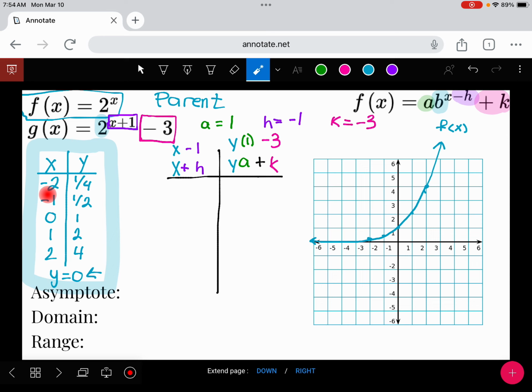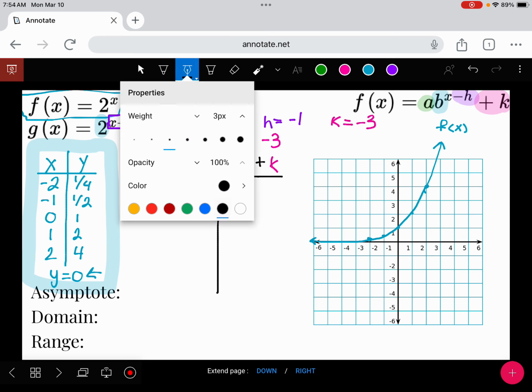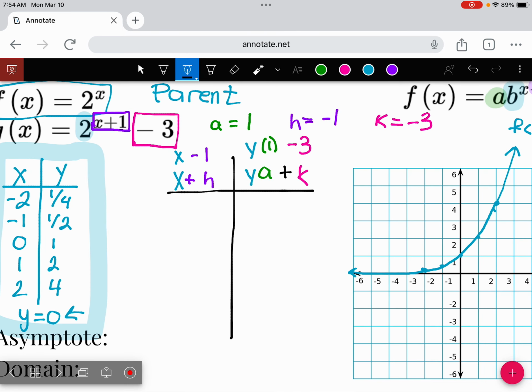So if I take my -2 and we subtract 1, we're going to get a -3. -1 minus 1, -2. 0 minus 1, -1. 1 minus 1 is 0, and 2 minus 1 is 1.